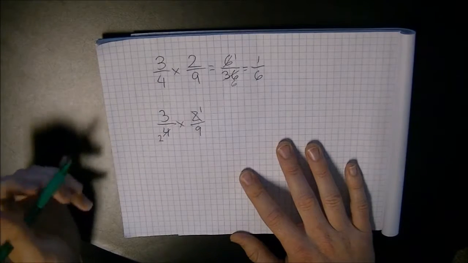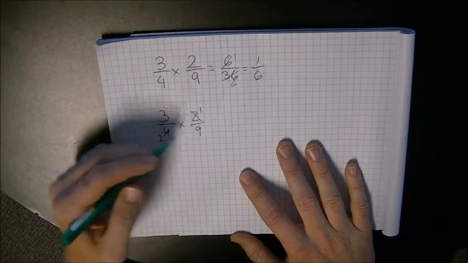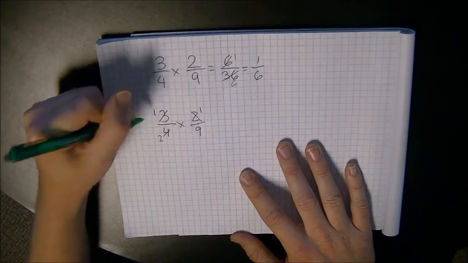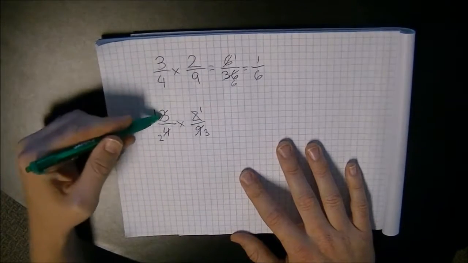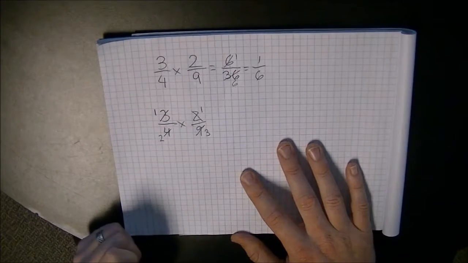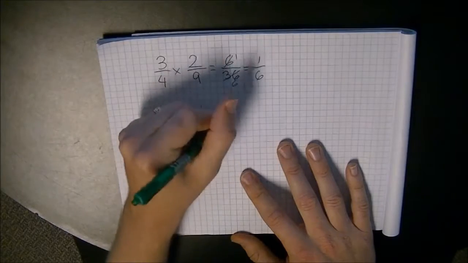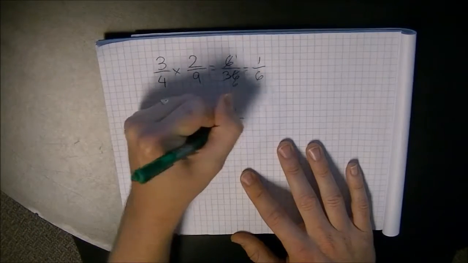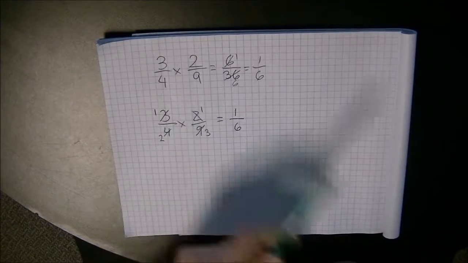Once again, there's a factor of 3 that goes into both 3 and 9. So this turns into a 1, and this 9 turns into a 3, because I'm dividing the 3 by 3 to get 1, and dividing 9 by 3 to get 3. So there we go. Now 1 times 1 is 1, and 2 times 3 is 6. And so that gets me my answer with less writing.